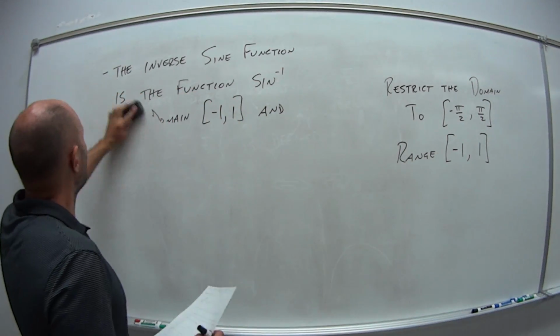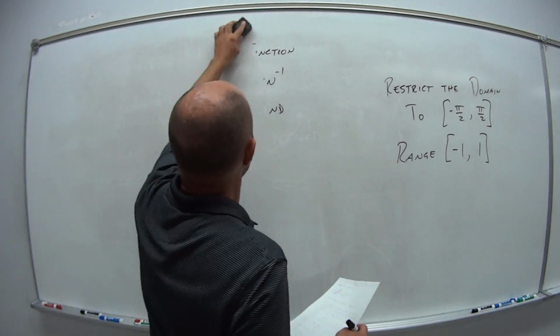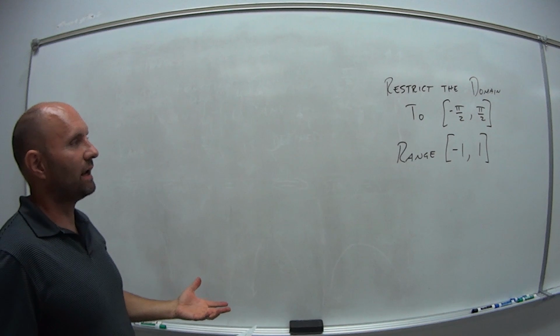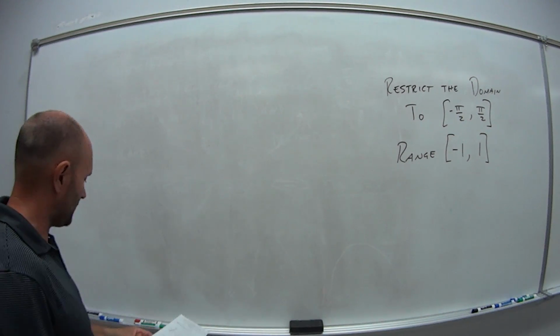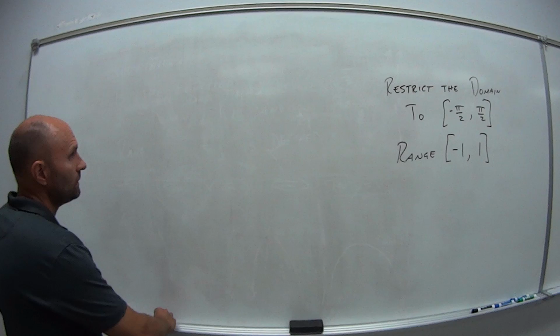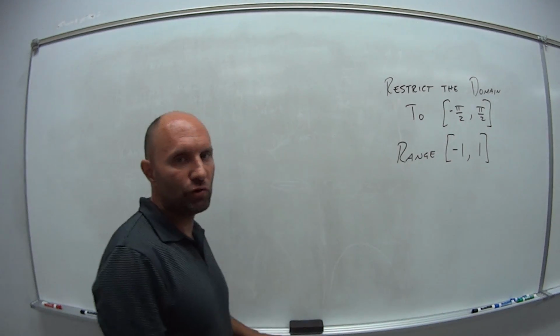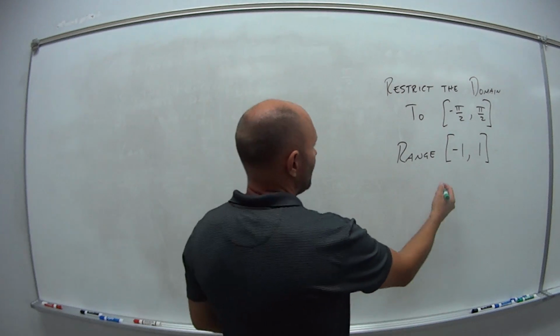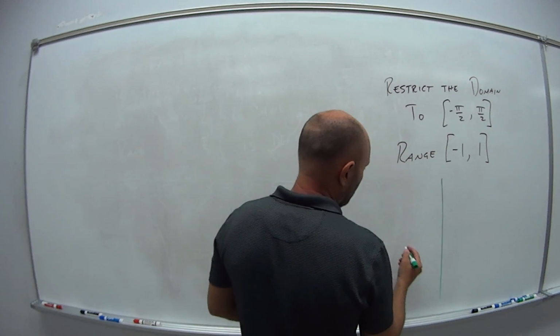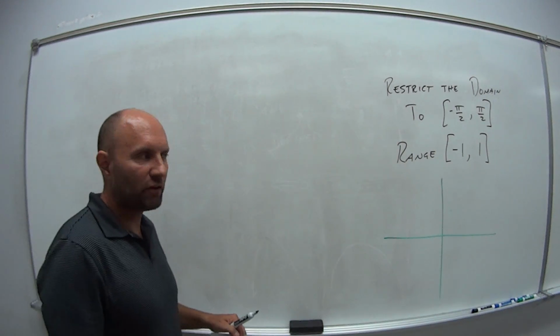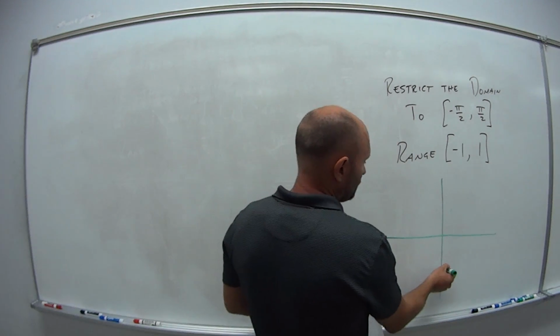Now, what is the most important thing that we have to remember when we're dealing with the inverse sine function? It's the following. If I am restricted to my domain of minus pi over 2 to pi over 2 on the unit circle, where is minus pi over 2 to pi over 2?